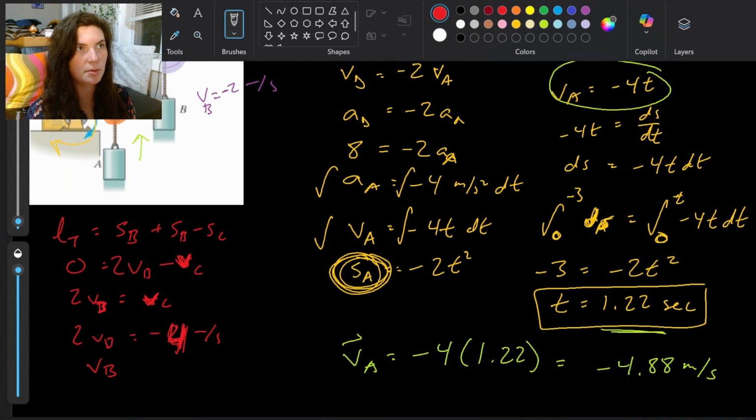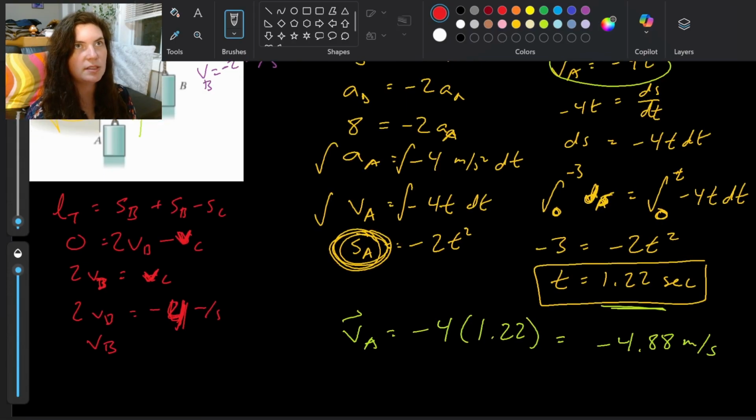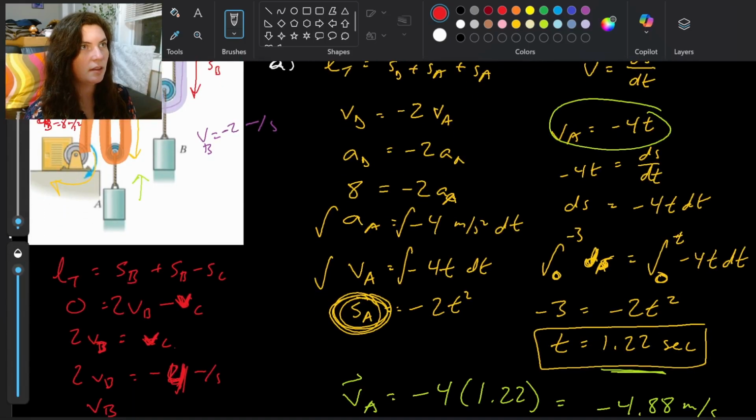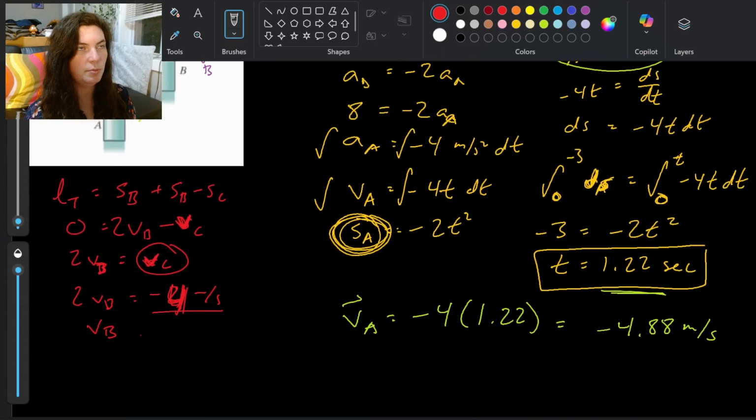We're almost done. It was given as 4 meters per second, right? Yep, here it is. Getting ahead of myself. VC is 4 meters per second. That equals 2VB, so when I divide the 2 over, now I get to what I was thinking. VB is negative 2 meters per second.